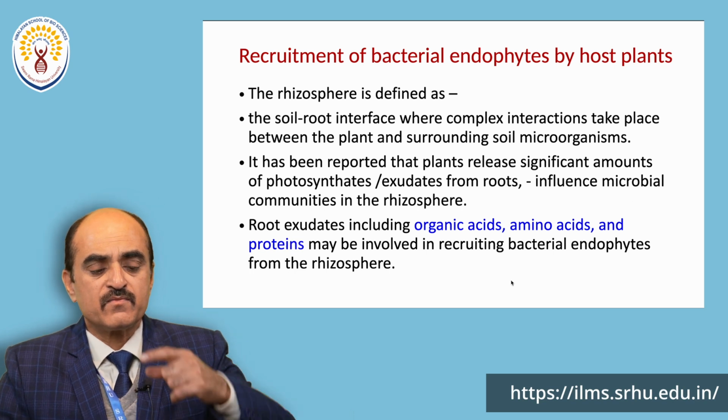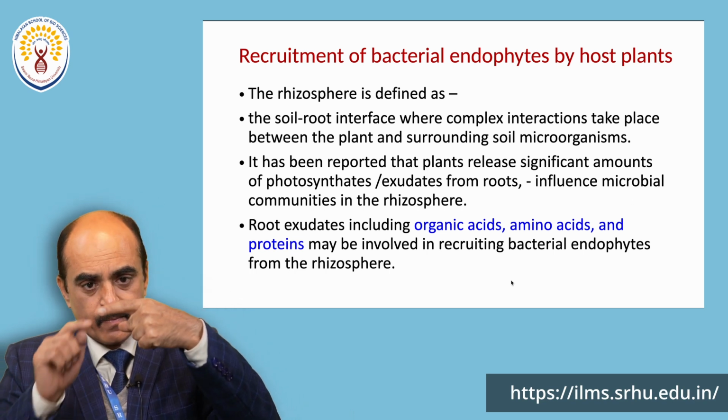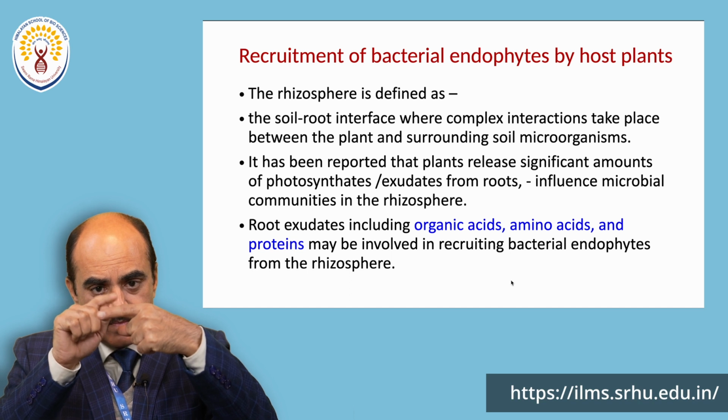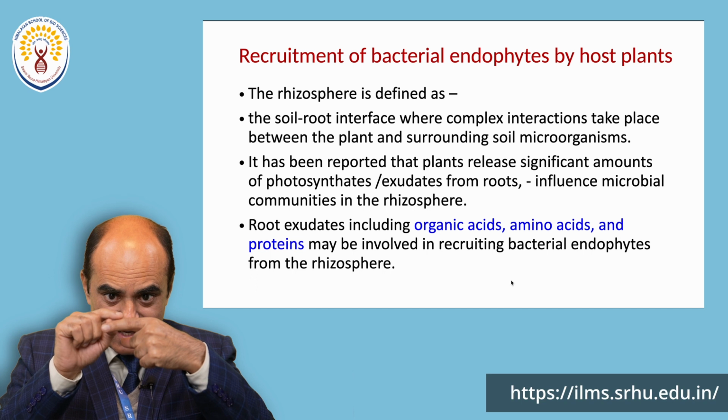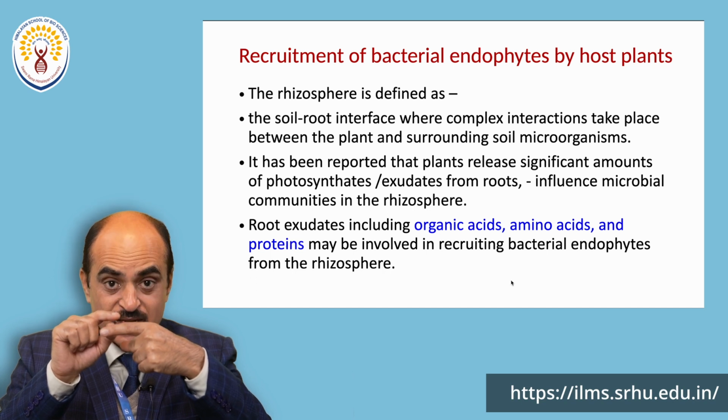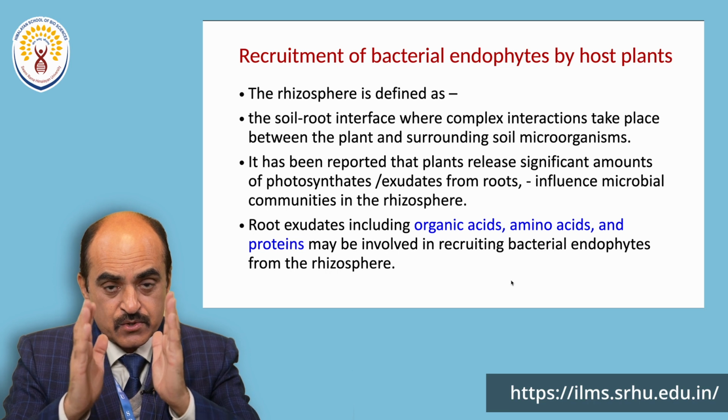The rhizosphere means, for example, this is the root hair. The immediate contact area of the root hair is known as the rhizoplane. And then slightly away from the rhizoplane is the rhizosphere. And the rhizosphere zone is always in the soil.